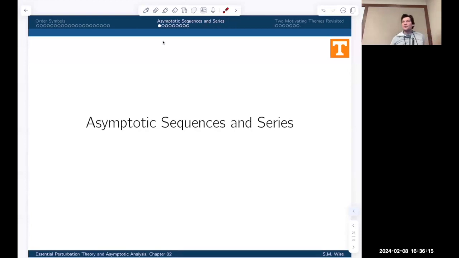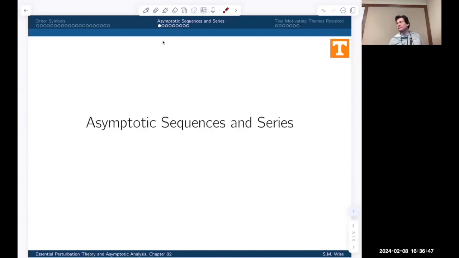Okay, so we've seen little o, big O, and some examples. And now we have this definition of what it means for two functions to be asymptotic to each other. And we saw, thanks to Sam, that it's a so-called equivalence relation: it's reflexive, symmetric, and transitive.